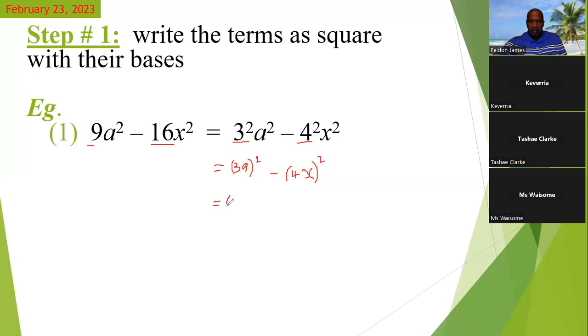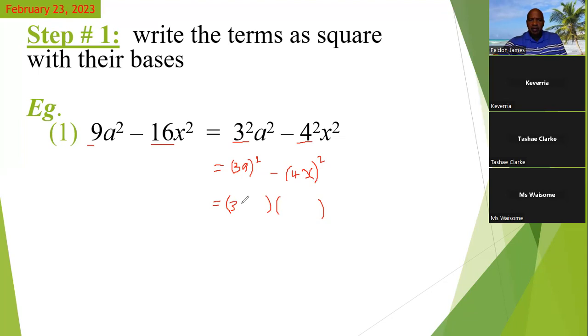We'll bring down the base, which is 3A. All right, so generally I would like to say open two brackets. Put the bases in both brackets. So you put the 3A. Yes, sir. And then what else are you going to put in this bracket? 4X, sir.